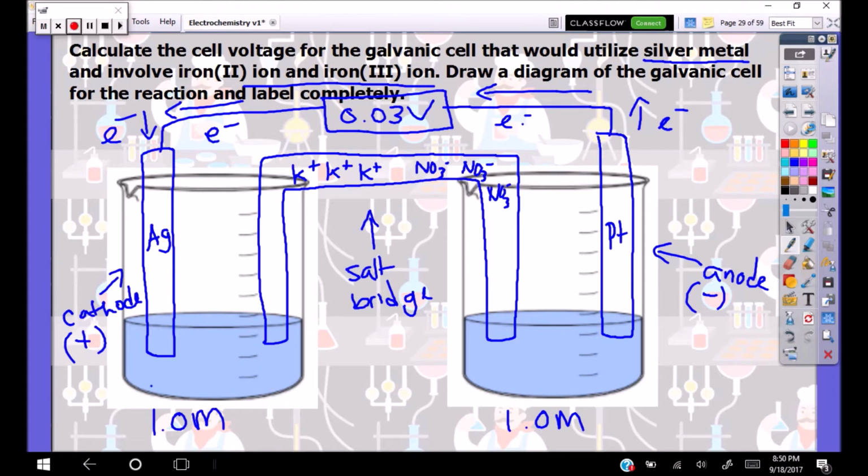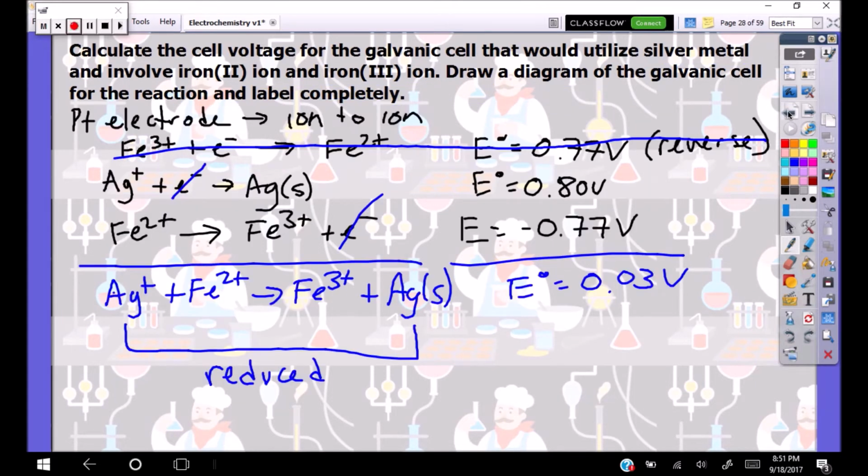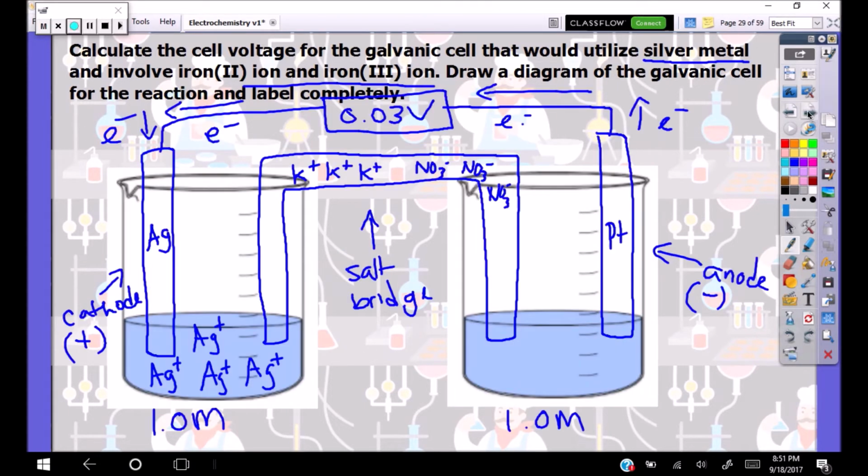So in solution, we know we have to have a bunch of silver ions. Okay. And on the other side of things, if we go back to our equation, we see that the iron 2 plus is being oxidized. So iron 2 plus is my reactant that needs to be in solution. We go based off of our reactants, right? So we saw our reactants were iron 2 plus and Ag plus. Okay, so this is what a correctly labeled picture looks like.